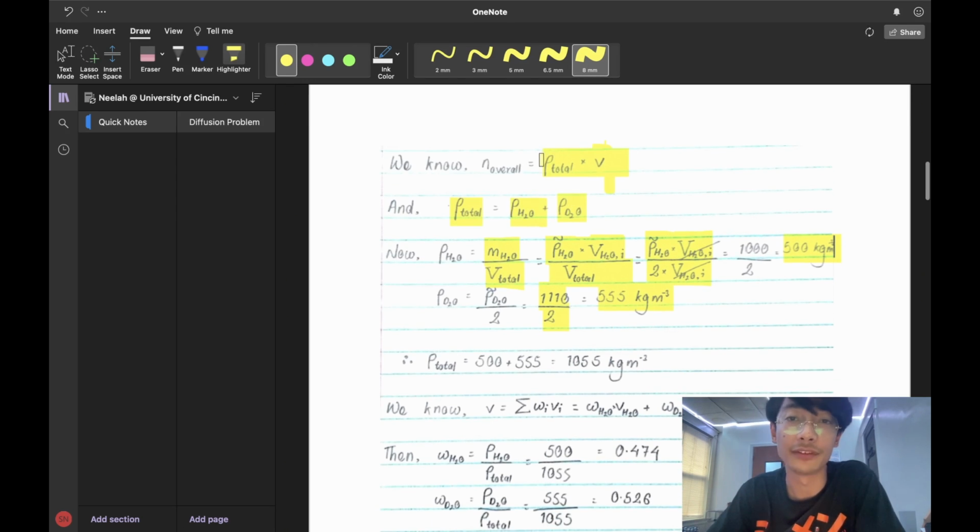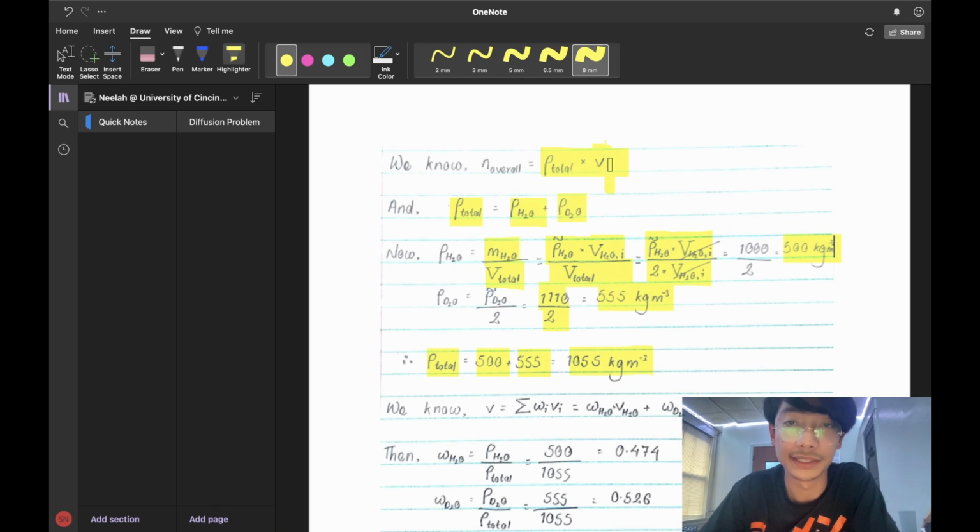So now we have the first term that we need in order to calculate the overall mass flux of the mixture. So the total density is simply equal to the sum of the mass concentration of water and the mass concentration of D2O, which gives us the final value of 1055 kilograms per meters cubed.